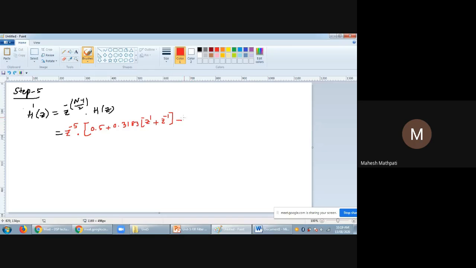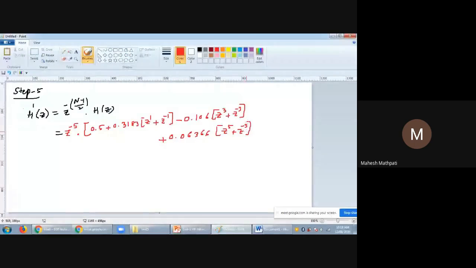0.106 multiplied with z power 3 plus z power minus 3, plus 0.06366, which is multiplied by z power 5 plus z power minus 5.